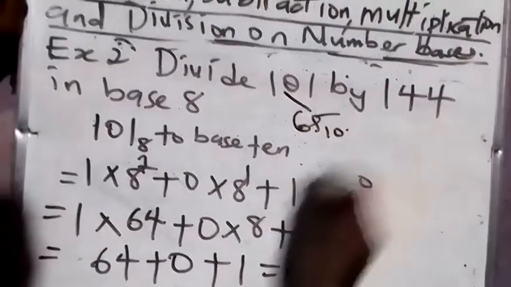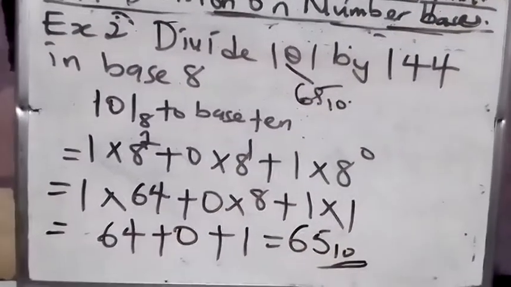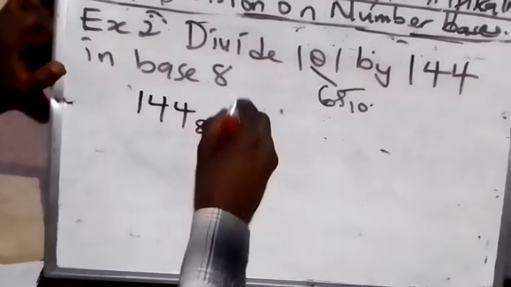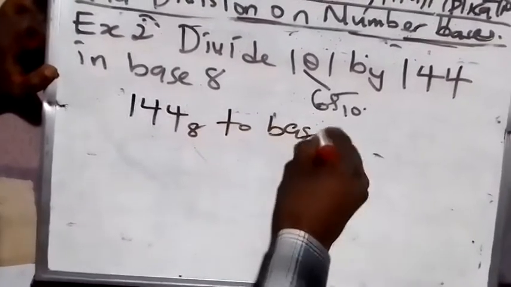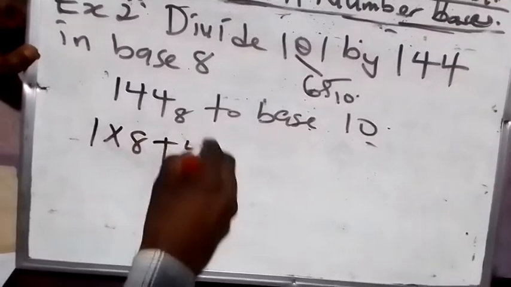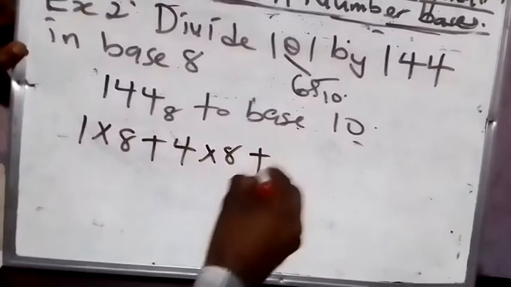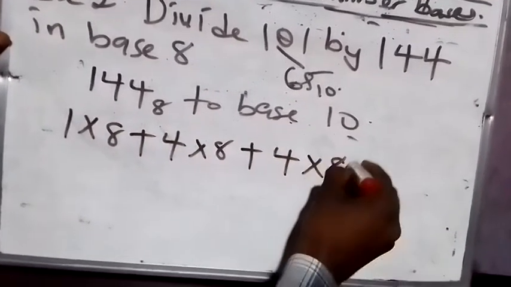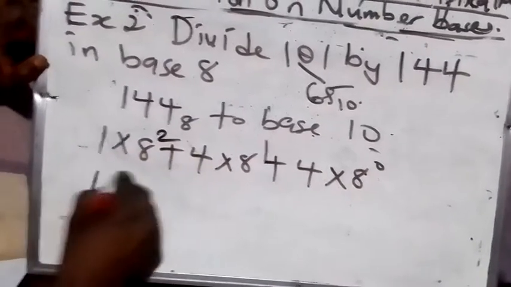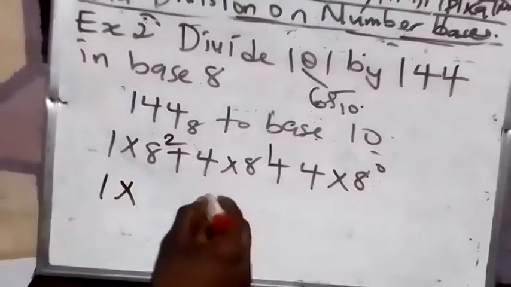So you convert the second one also to base 10. Base 8 to base 10. That means 1 times 8 plus 4 times 8 plus 4 times 8, with powers 0, 1, 2. 1 times 8 raised to power 2, that is 8 times 8, that is 64.